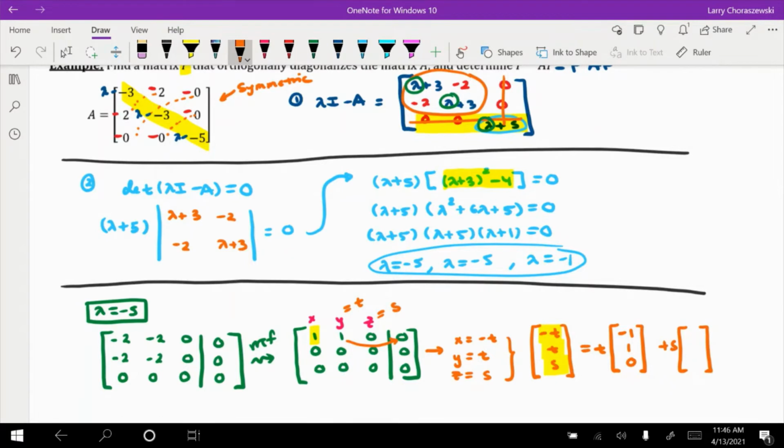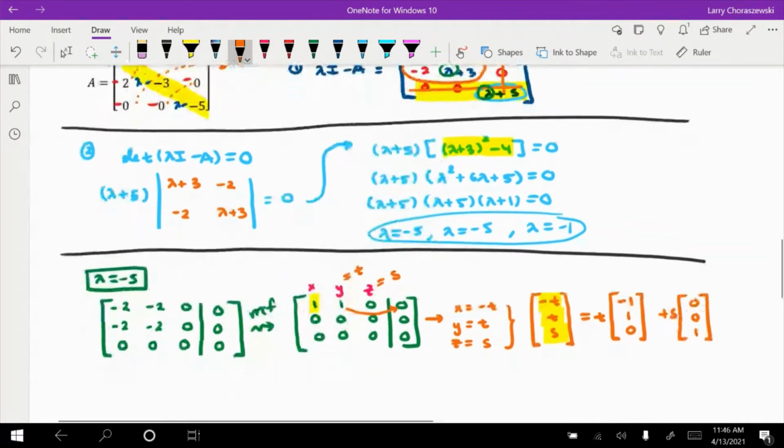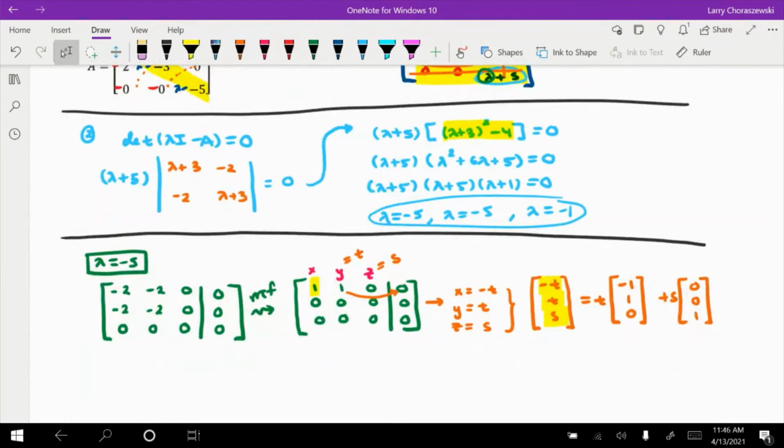And then the solution vector corresponding to s is going to be 0, 0, 1. And so these two vectors right here, -1, 1, 0, and 0, 0, 1, help form our basis, which I'm going to write in set notation.